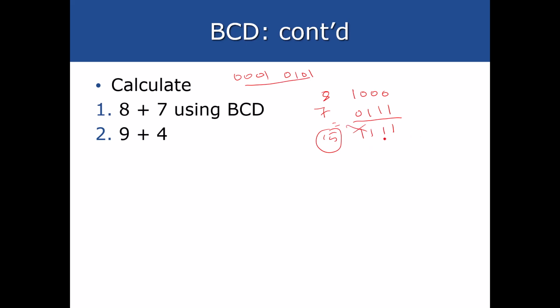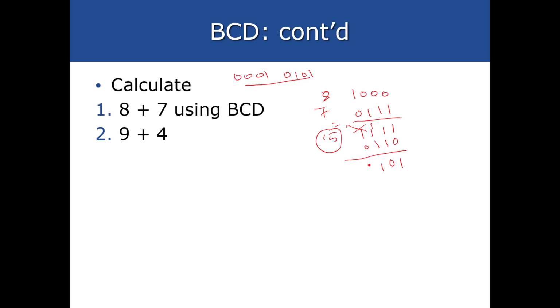To correct it, we're going to skip the numbers that are illegal. So we're going to add 0, 1, 1, 0. Let's add that. 0 plus 1 is 1. 1 plus 1 is 0, and I have 1 carry here.